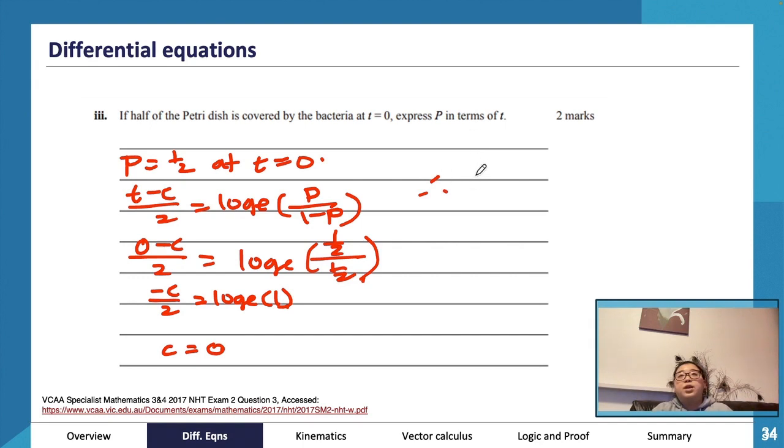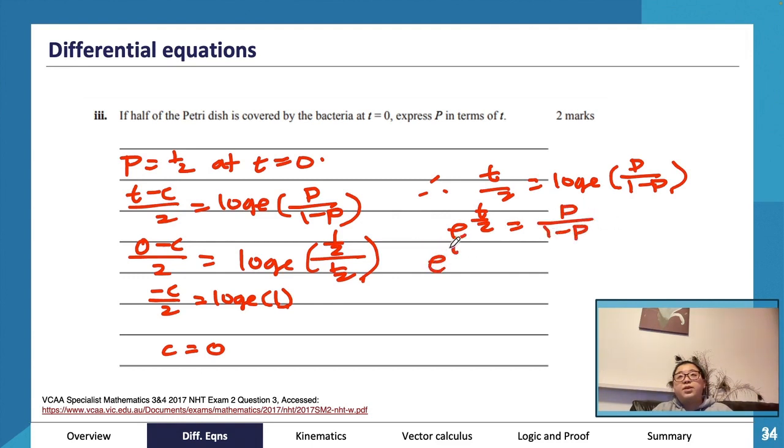So therefore all you're going to get here is t over 2 will equal log e p over 1 minus p. So you'll get that e to the power of t over 2 will equal p over 1 minus p. So you'll get that e to the power of t over 2 minus e to the power of t over 2 times p is going to be equivalent to p.